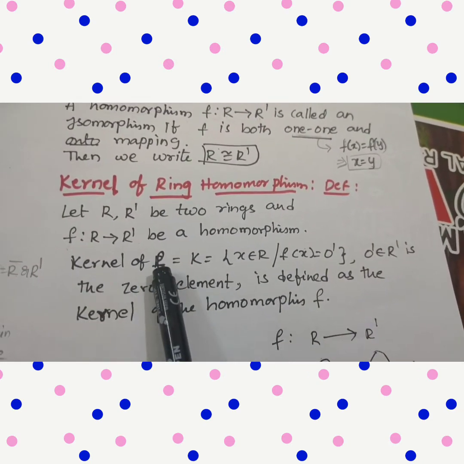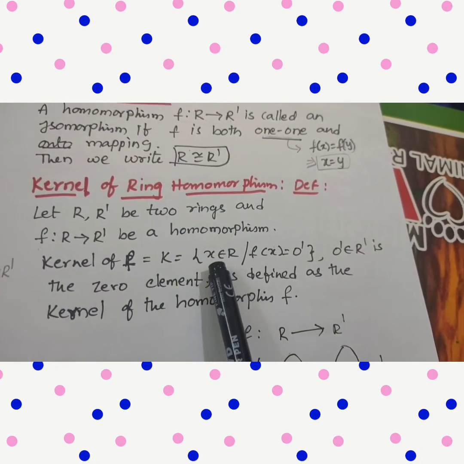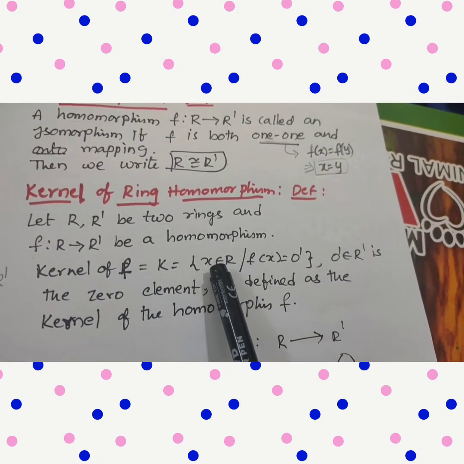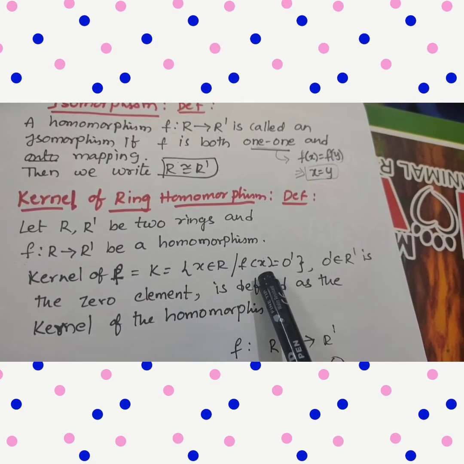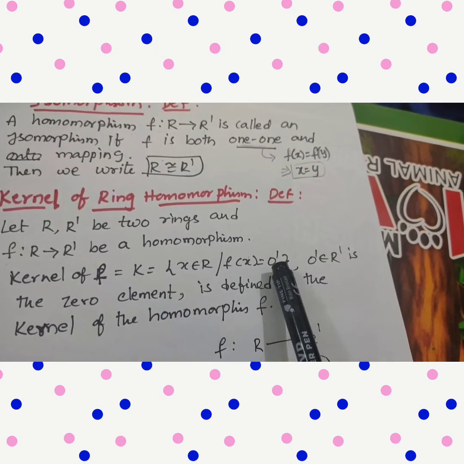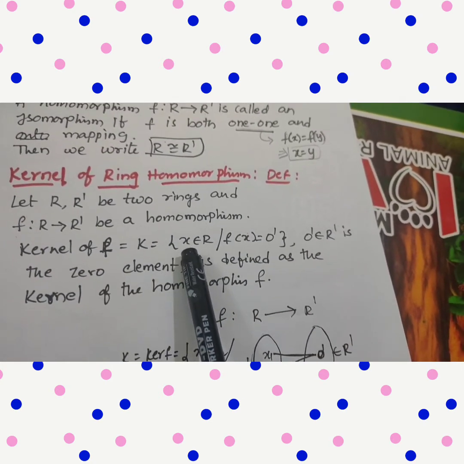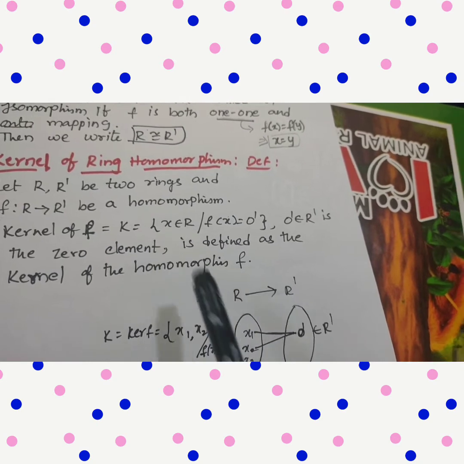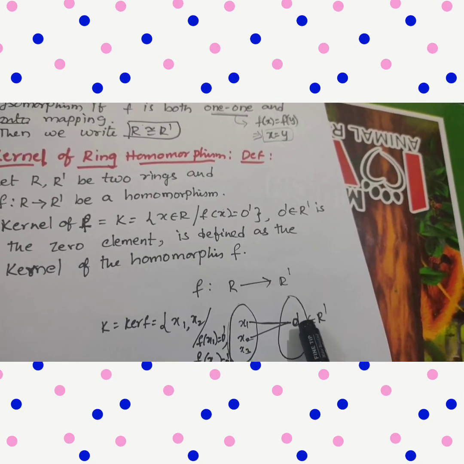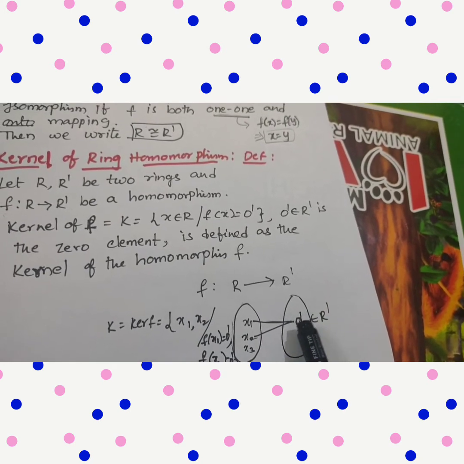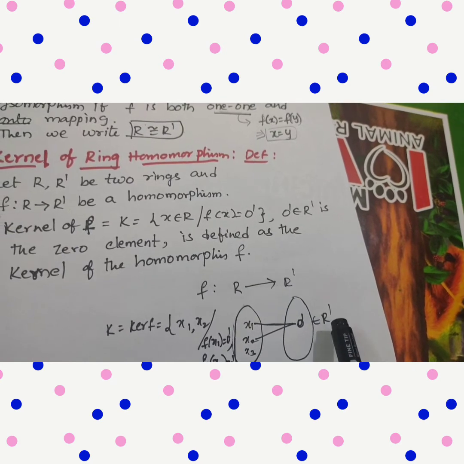This is a set of elements x belonging to R whose images map to 0 dash, that is the identity in R dash. 0 dash is nothing but the identity in the set R dash.